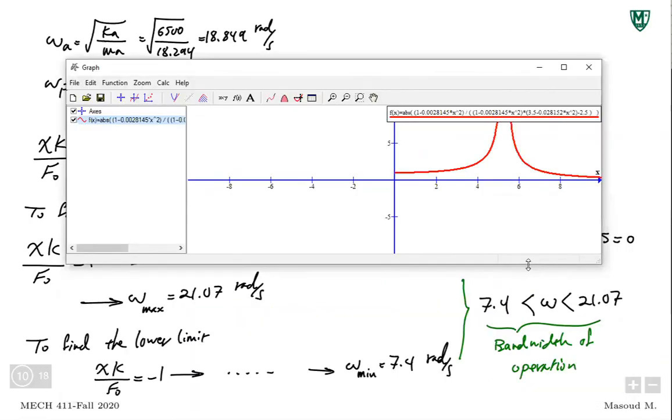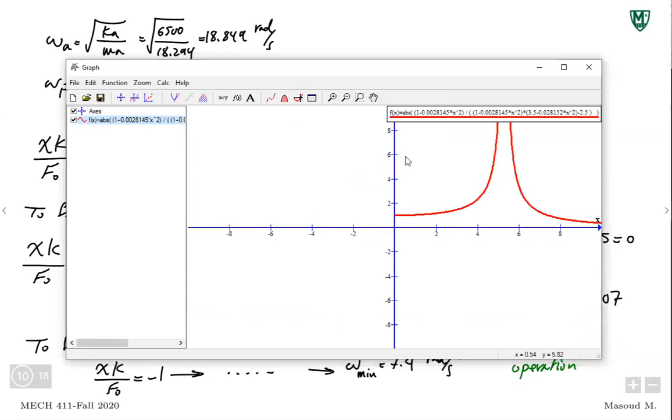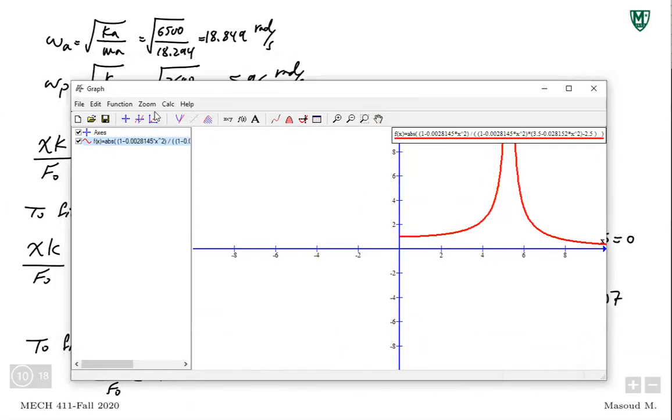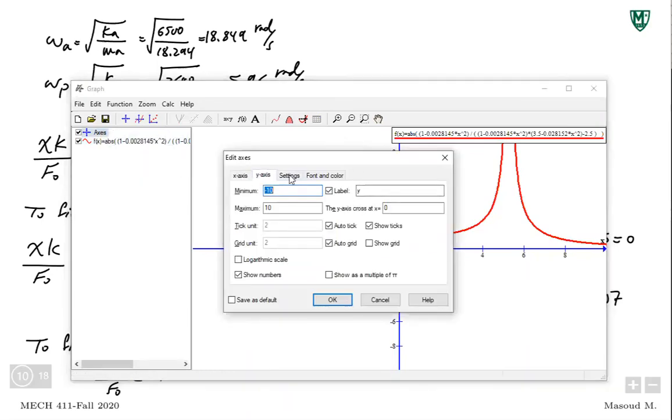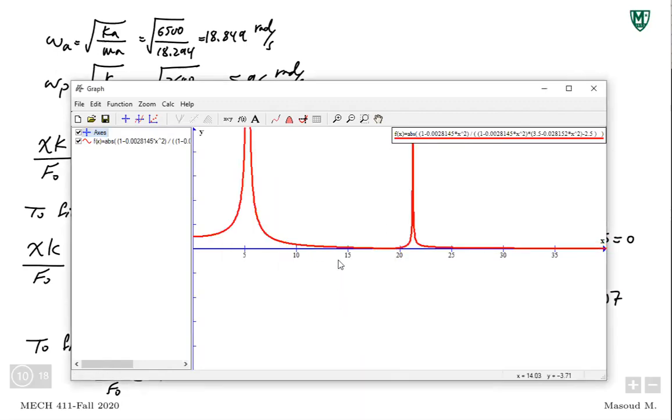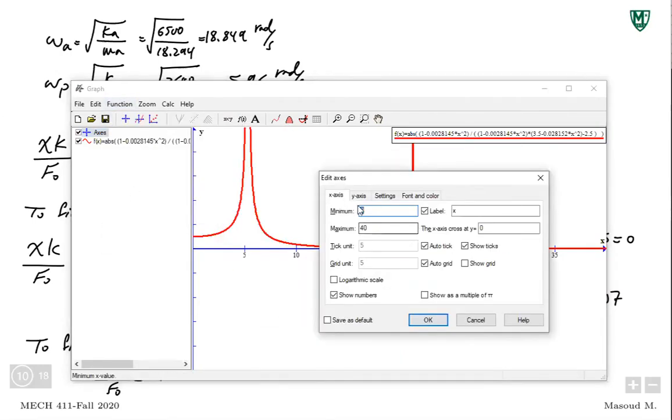Hopefully I did. Let's fit the x-axis. I don't want it to go all the way to the negative, so let's make the maximum 40. For the y-axis, you have to move the limits around a little to get a better view: minus 0.1, and let's put this at 1.2.